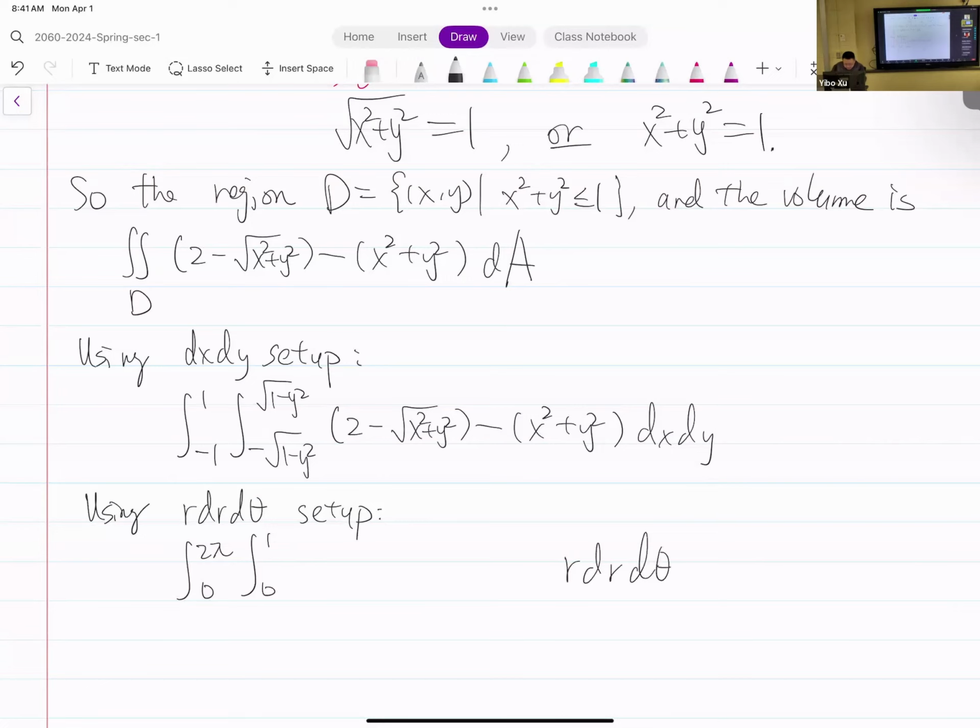We keep it there. And then the only thing that we need to worry about is the substitution for the functional expression. Like we mentioned, the square root of x squared plus y squared is exactly r, right? So this is 2 minus r minus r squared.